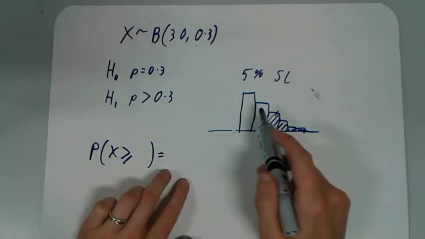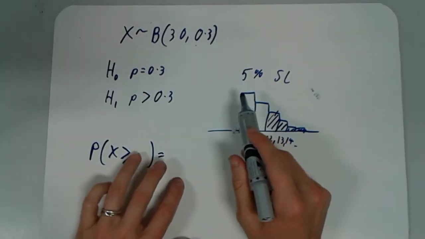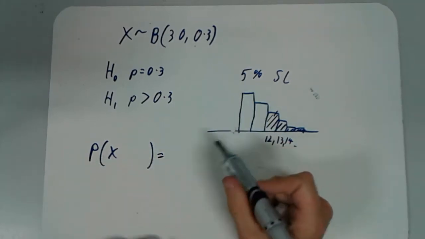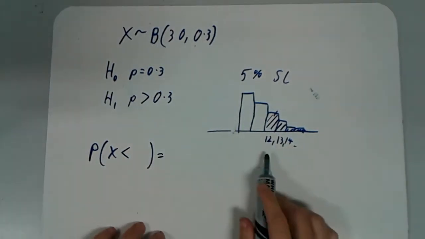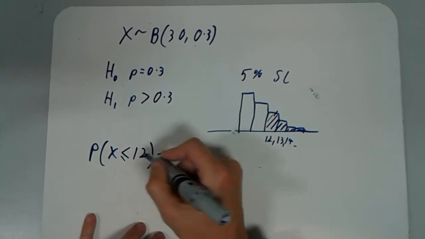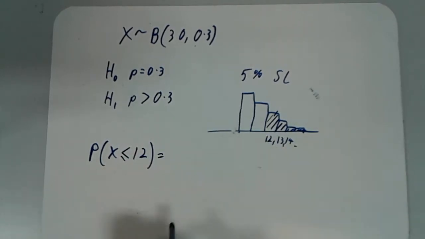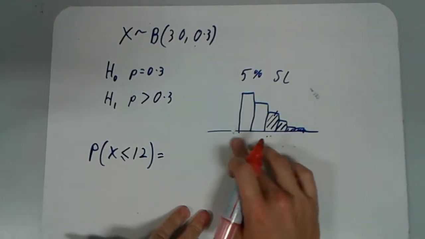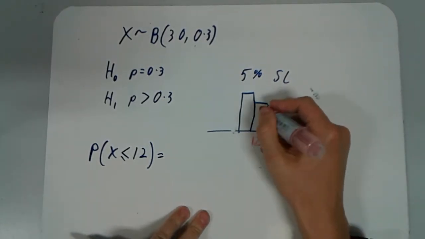I want to write the two which are closest to 95%. Just remember though that your calculator only tells you the probability that you're less than or equal to a number. So we're actually going to be calculating less than or equal to, say, 12 in this case.